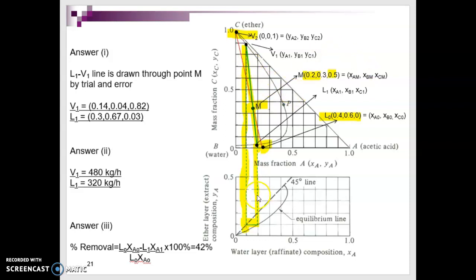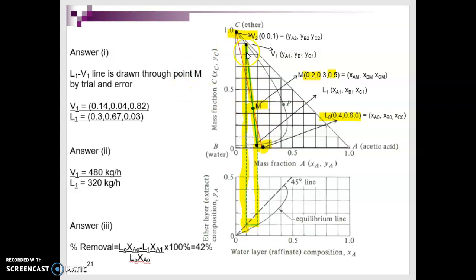If it does not touch, you need to try until your V1 goes to the bottom to the equilibrium line, and then goes up. It must touch your L1. If not, your try and error for your line for your V1 and L1 is wrong.